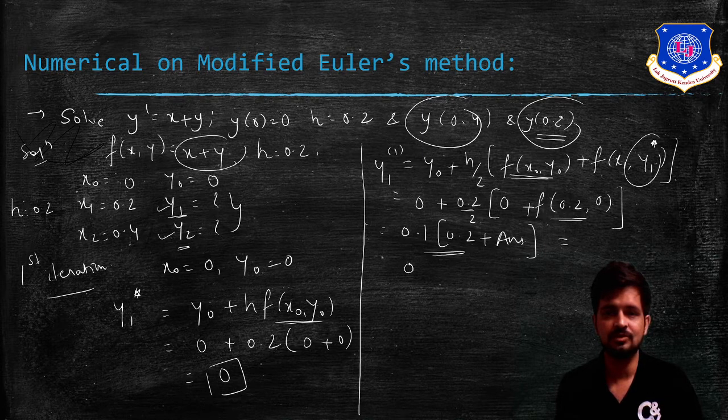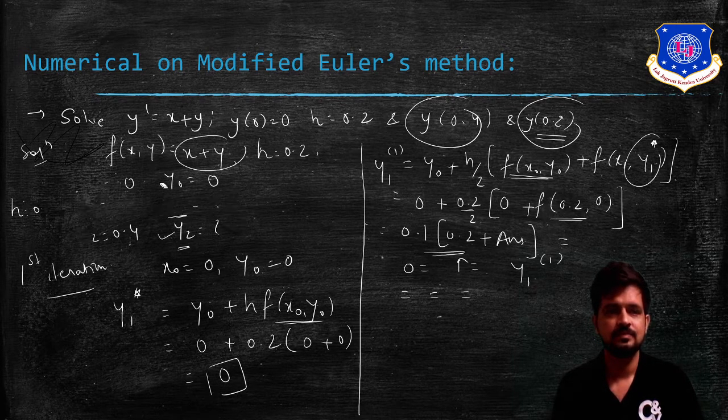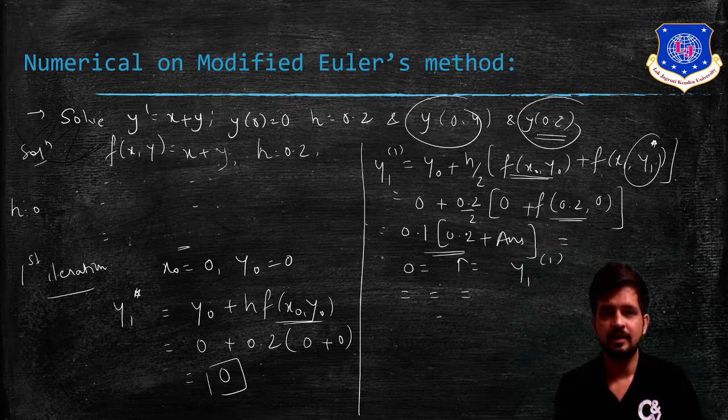y1 star is 0. So 0 equal to, up key, equal to. This will be your y11. Then again press equal to. So the different values of y11, y12 and so on will be written here. Are you getting it?